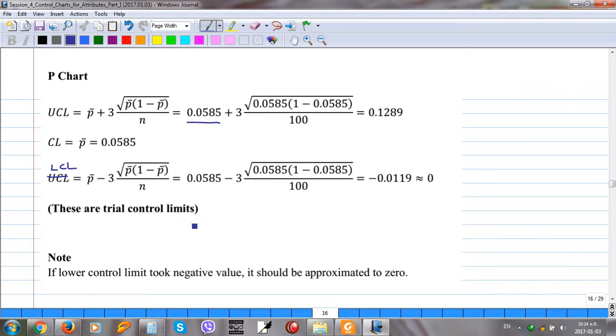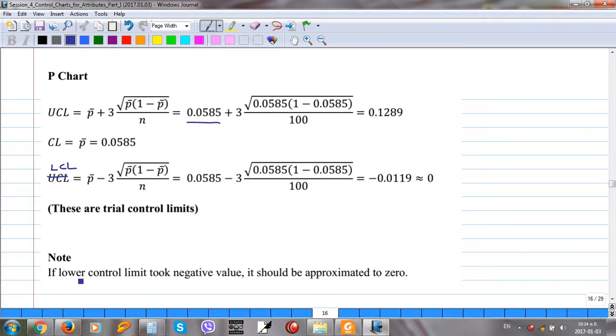These are the trial control limits. But d is the number of non-conforming units, so d can't be negative; it is a non-negative integer. So we approximate that negative value to 0.